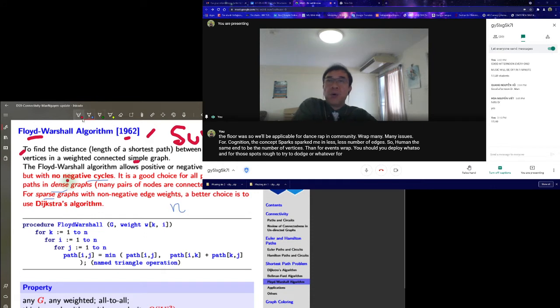Now we go to the idea we call the triangle operation, based on the triangle. Imagine I choose a pair of vertices, let's say any node k from the graph, and you choose somewhere else another node we denote by i, and you want to find a path connecting them together.